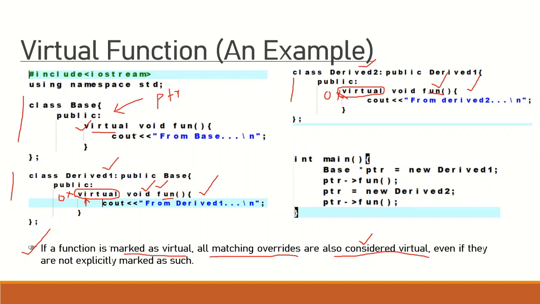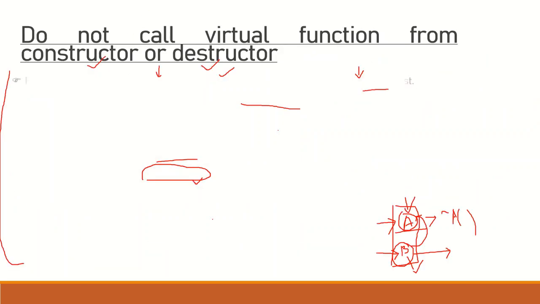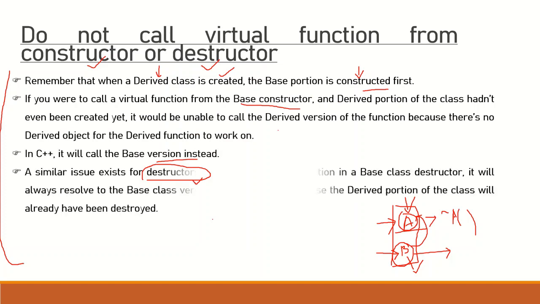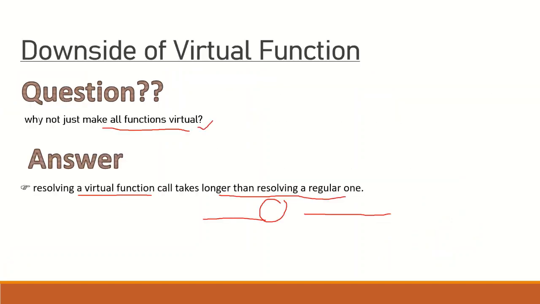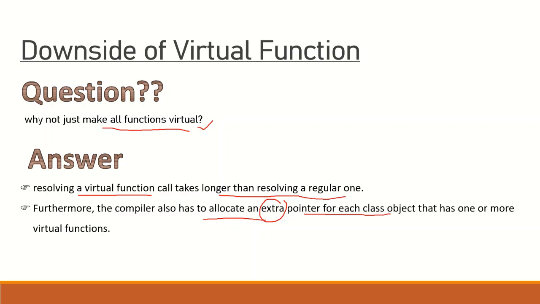So if a class has at least one virtual function, the compiler is going to use a pointer to resolve the function call. This is the reason we suggest to new programmers to avoid declaring functions as virtual whenever possible, because it takes extra time due to these steps.